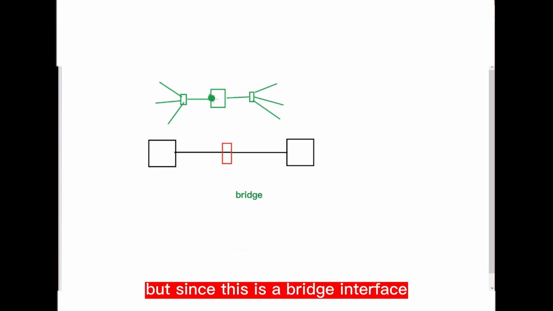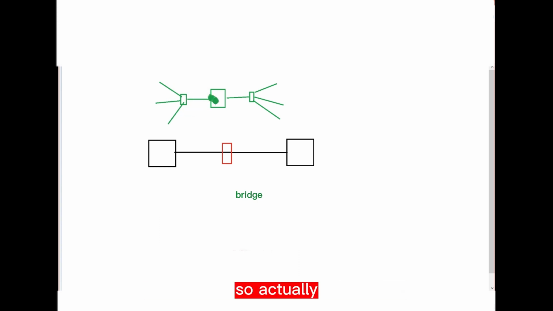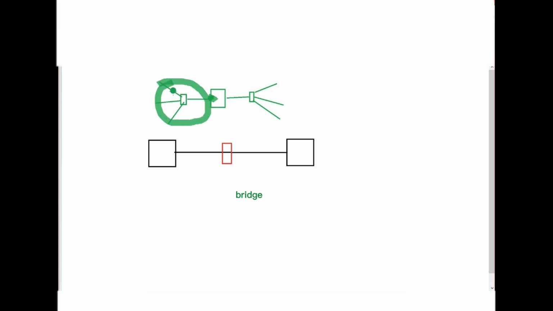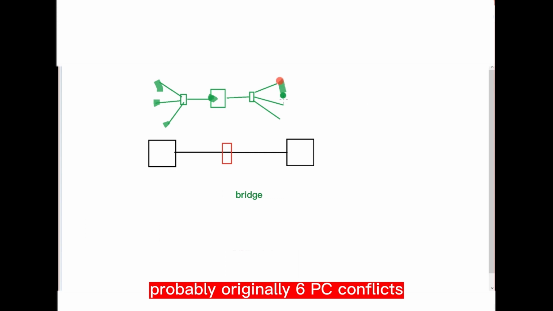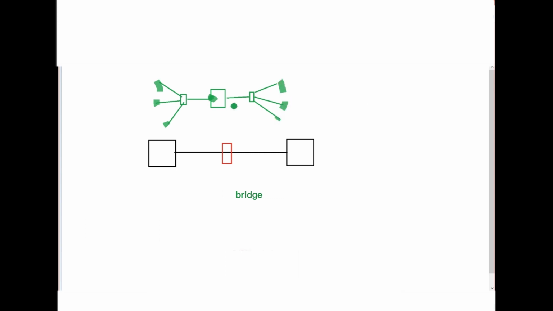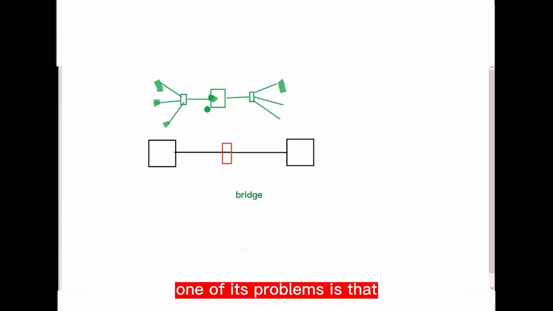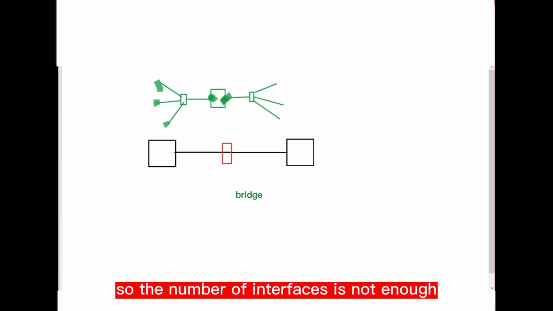But since this is a bridge interface, the collision domains are only so big. Originally 6 PCs conflicted, but now it becomes 3 PCs conflicting. One of its problems is that it has only 2 interfaces, so the number of interfaces is not enough.